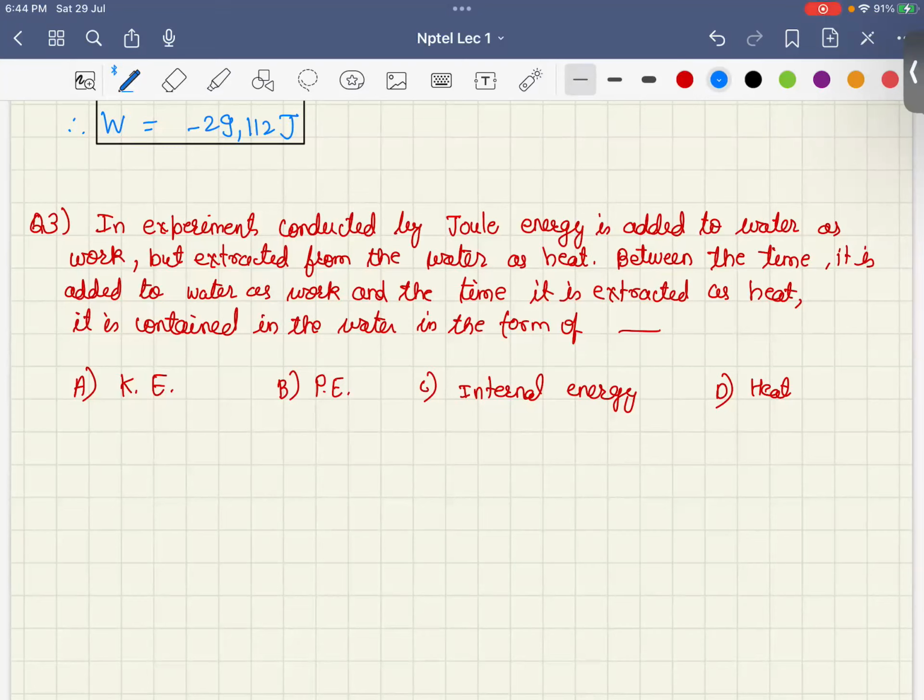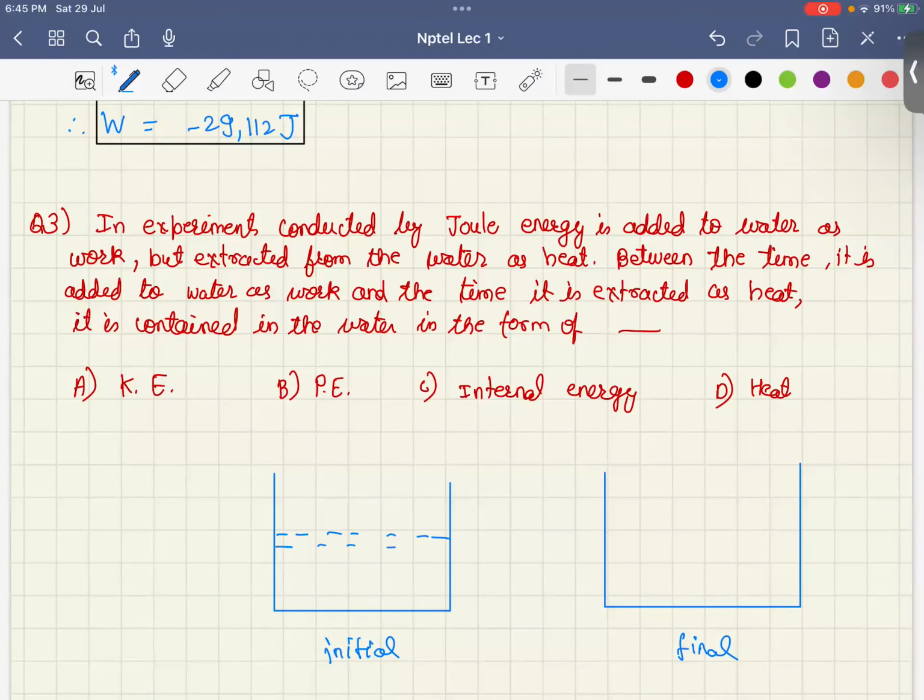So for example, let's say we have a container like this. This is initial, this is final, and it has water. Now what is being done in Joule's experiment?